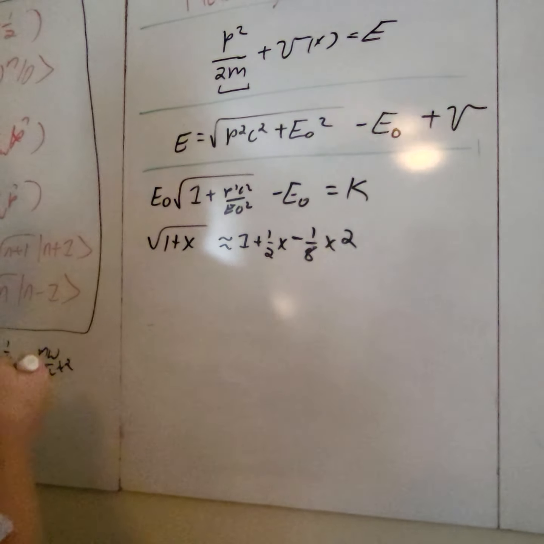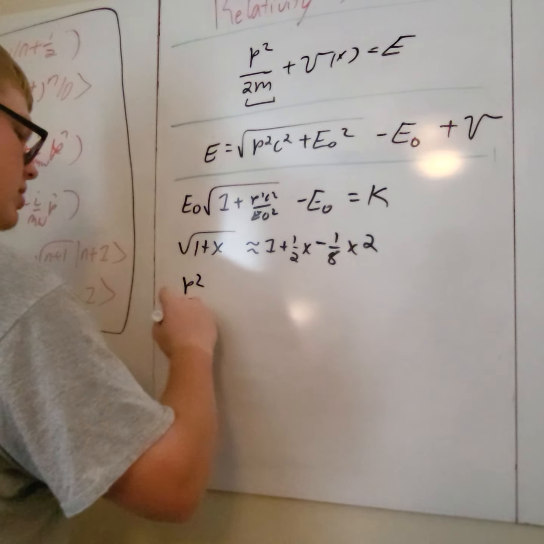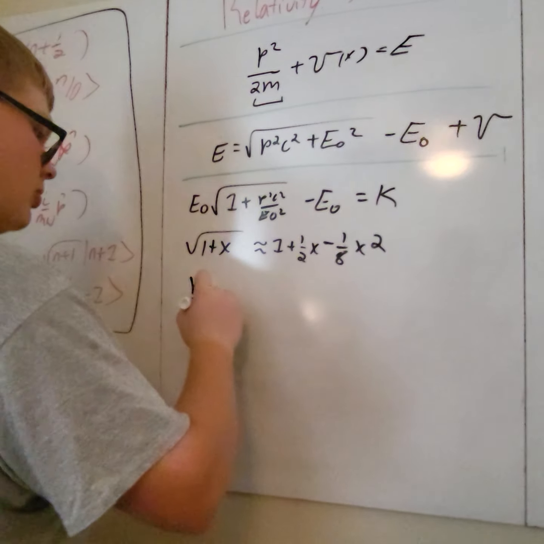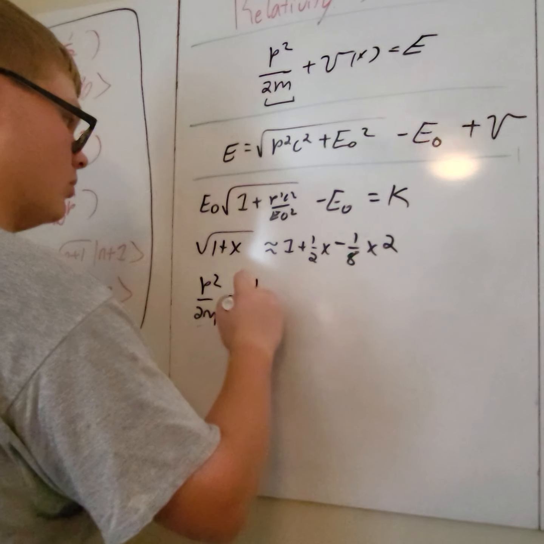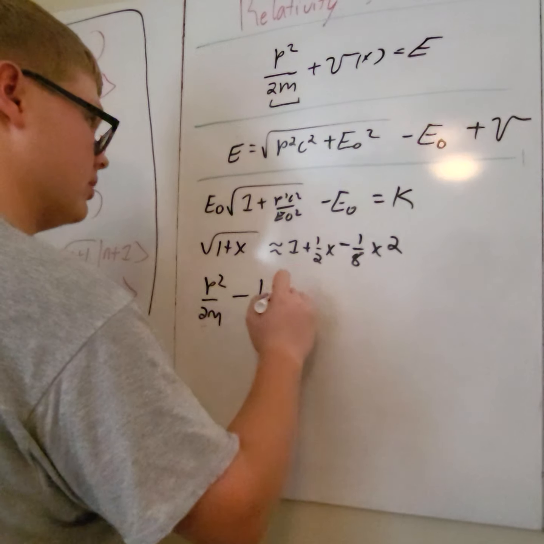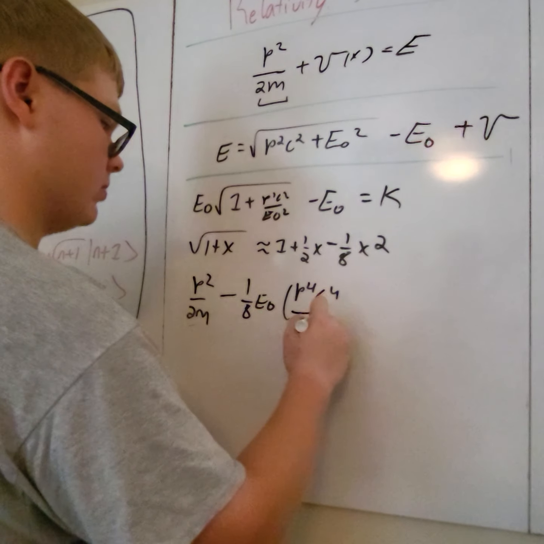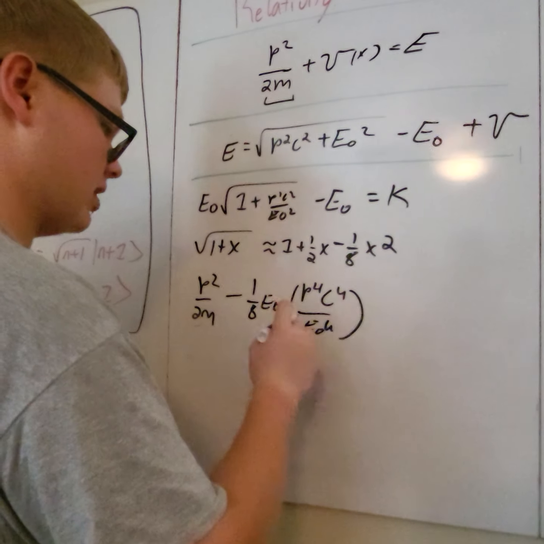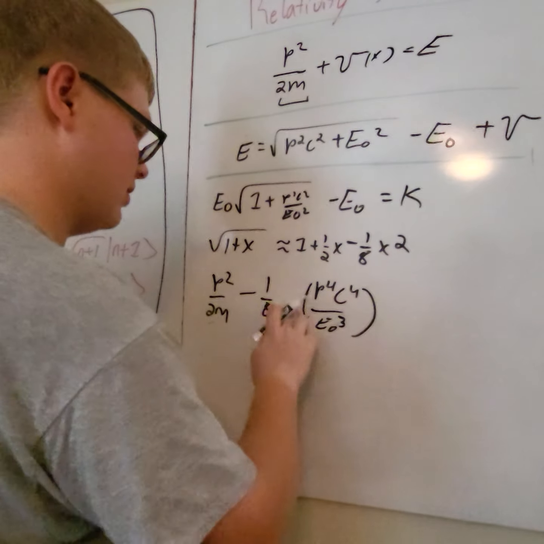Alright. So that'll just give us our p squared over 2m like we did for the 1/2 x part, minus 1/8 E sub 0 times p to the 4th c to the 4th over E sub 0 to the 4th, because that all squares out, and E sub 0 to the third because that factor cancels out.